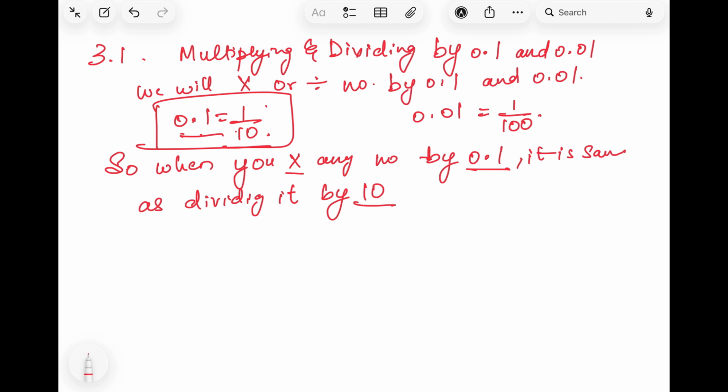Similarly, if you multiply any number with 0.01, you are actually dividing it by 100.